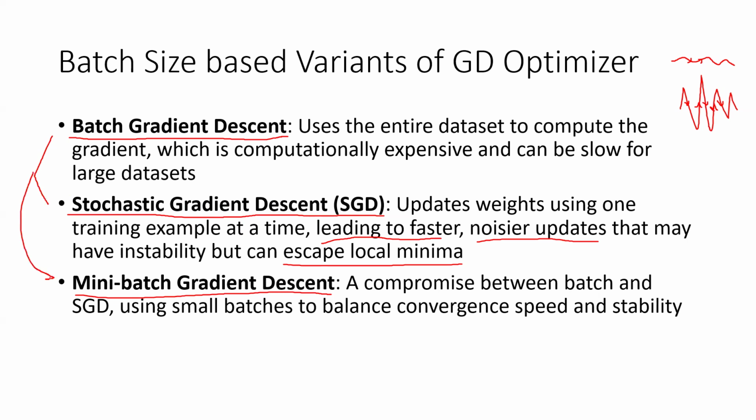Where instead of having the whole batch, you are using only a small batch, a mini batch in the data set, and you are not using individual data points, so that it would not have a very noisy update or rough path.